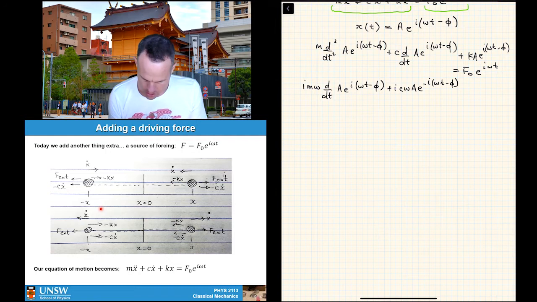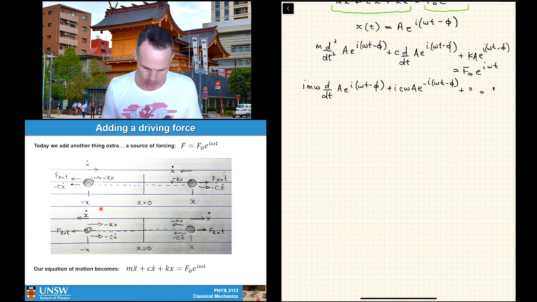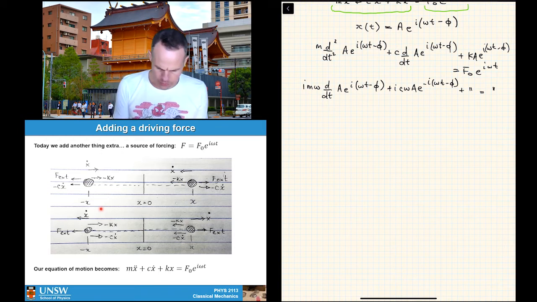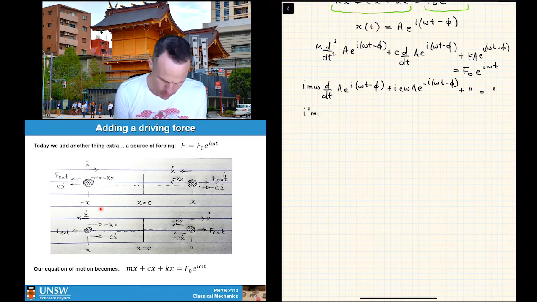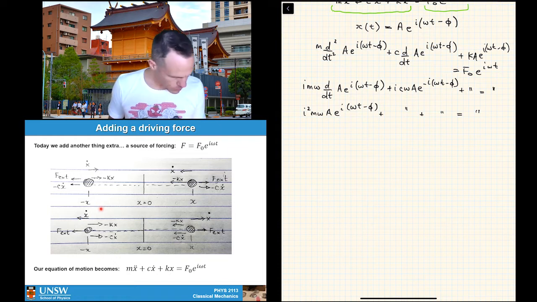And then we will have the other term here and the thing on the end. Okay, I'm just going to use dittos there just to carry the term down so I don't run out of page space. And then of course we've got one more derivative to deal with right here up the front. So this is now going to be i² m ω² A e^(i(ωt − φ)) plus that term equals the term on the end, all right?